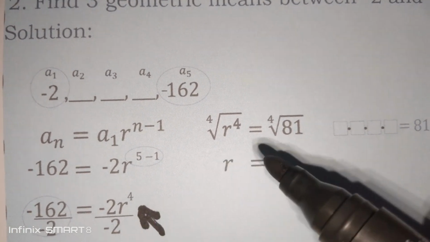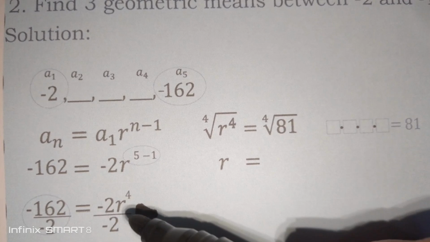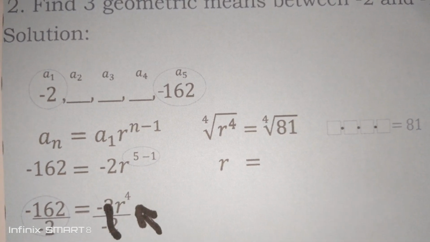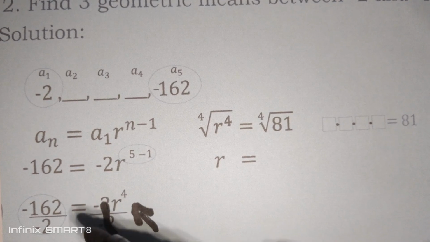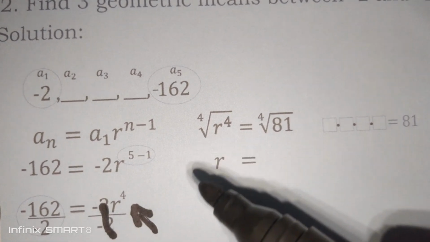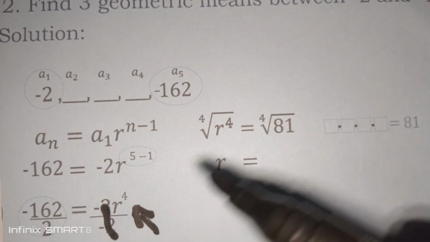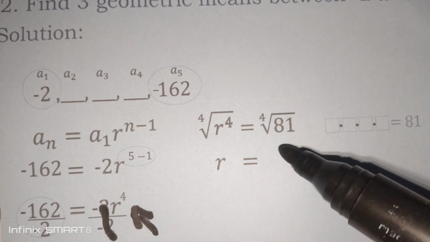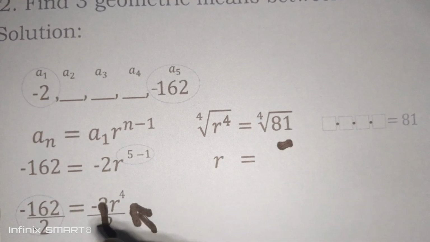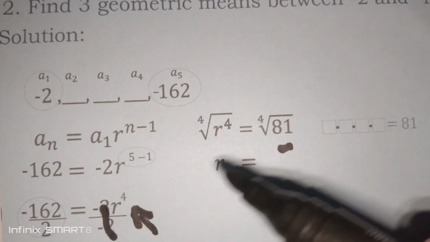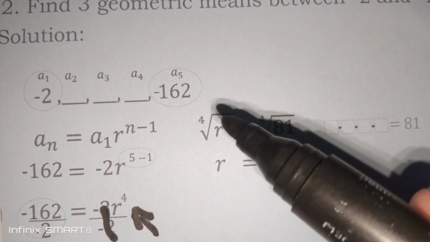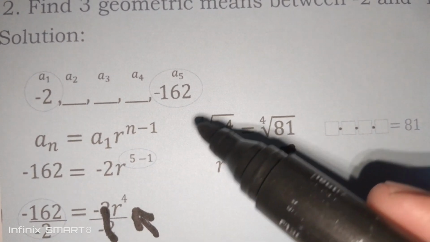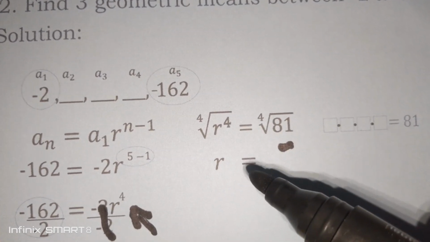Then of course you divide both sides by what? By negative 2. Okay, so divide both sides by negative 2. Then giving us r raised to 4 is equal to, negative 162 divided by negative 2, the answer is positive 81.